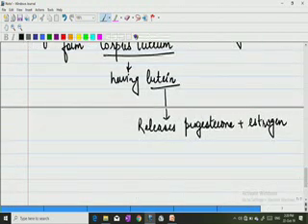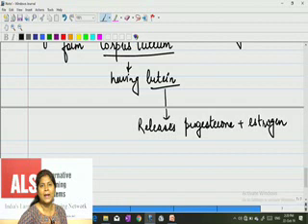So this releases two hormones. What are they? Progesterone and estrogen.